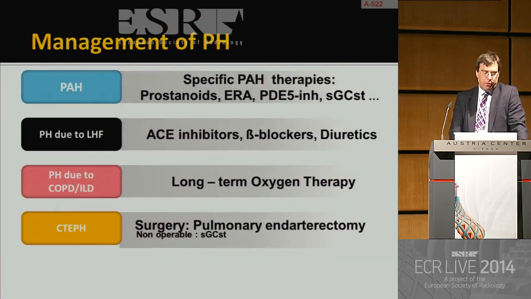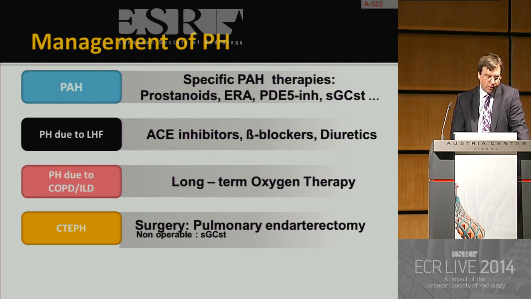In terms of treatments, we've mentioned targeted treatments to pulmonary arteriolar disease, pulmonary arterial hypertension. Treatment for patients with pulmonary hypertension secondary to left heart disease will be directed towards the left ventricle with medical treatment, maybe surgical treatment with revascularization or valve replacement. Pulmonary hypertension secondary to chronic lung disease, the mainstay of treatment will be long-term oxygen therapy.